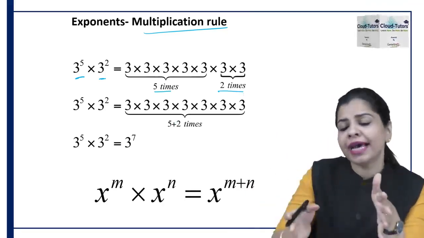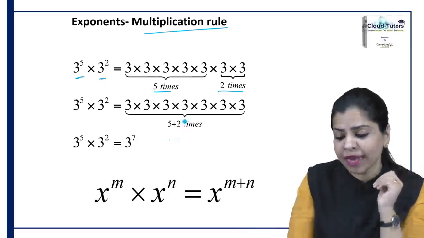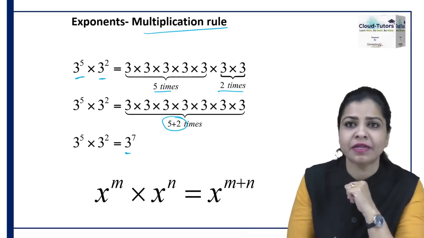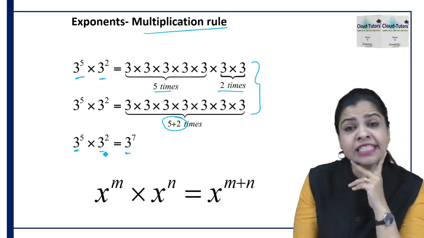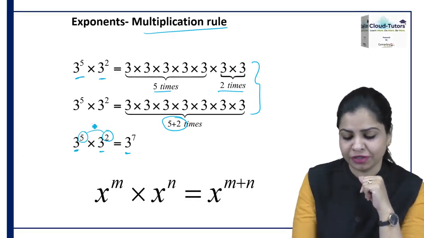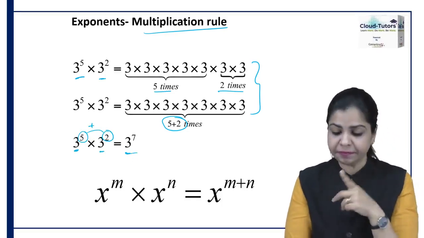It is as good as just adding them, 5 plus 2. So that gives me 3 to the power of 7. I do not have to expand it at all. If the bases are the same, I can simply add the powers. So that would be as good as 3 power 7.